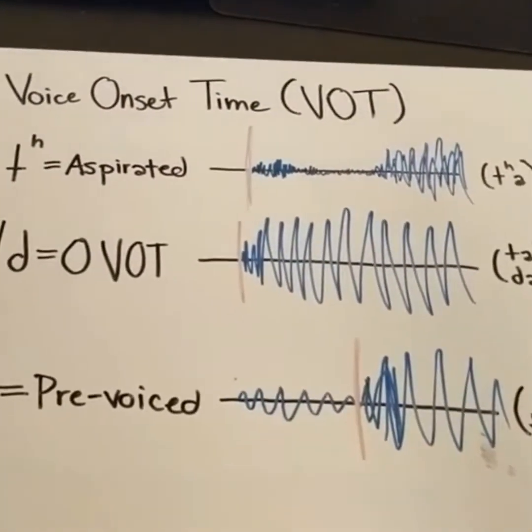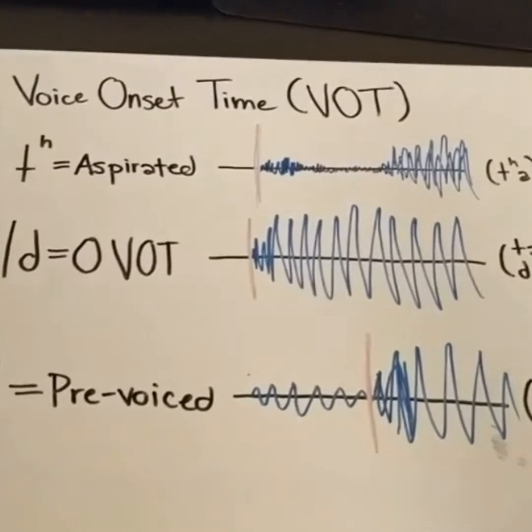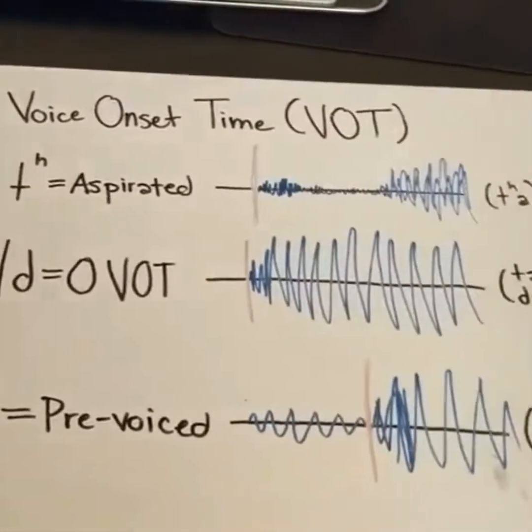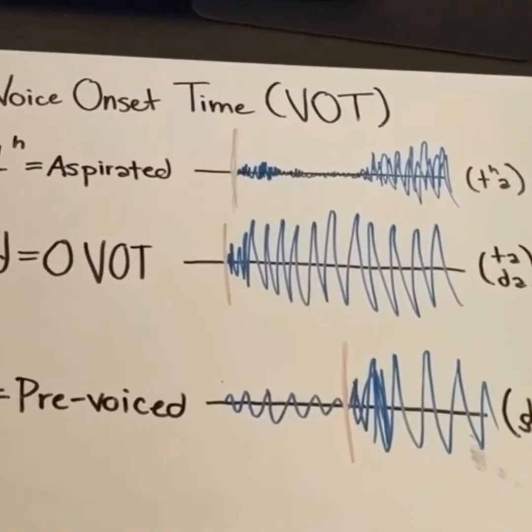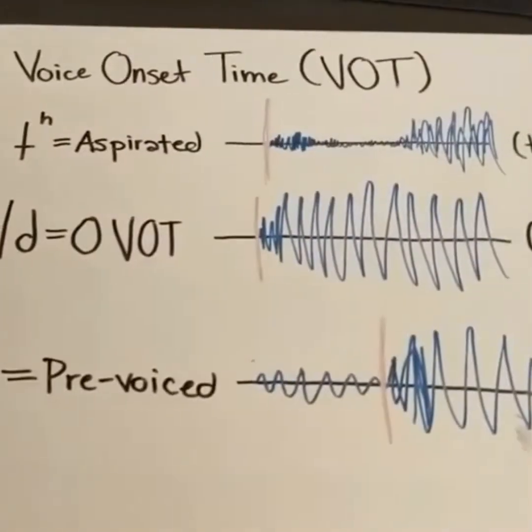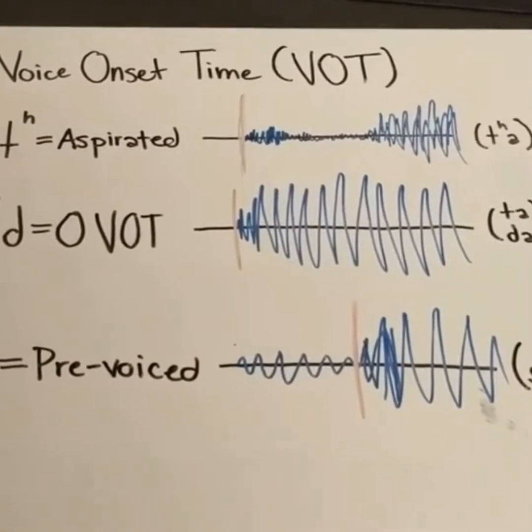So if you have the syllable ta, how long do you have between when you let go of the T closure, where you have your tongue touch your alveolar ridge, and when you start pronouncing that vowel?